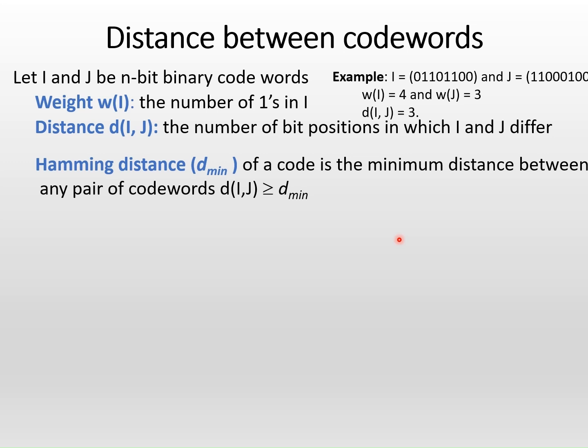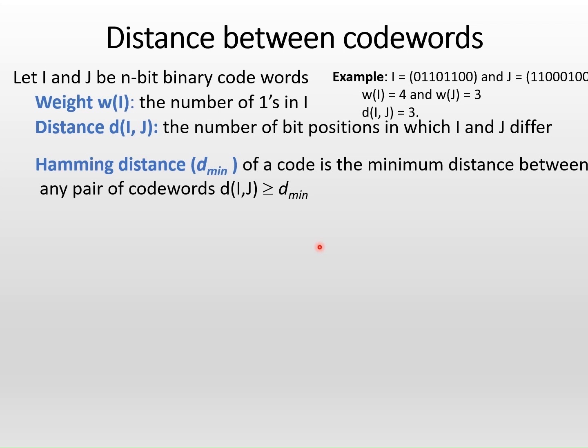After calculating the distance between all pairs of code words, you take the minimum distance, and that minimum distance is known as the Hamming distance. We are going to talk about Hamming code; Hamming is the one who gave us all these error detection and correction codes, so we will talk about him when we discuss the Hamming error correction code. But this term is very important: Hamming distance, the minimum distance between the code words.